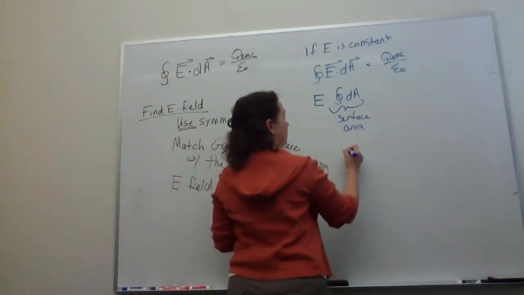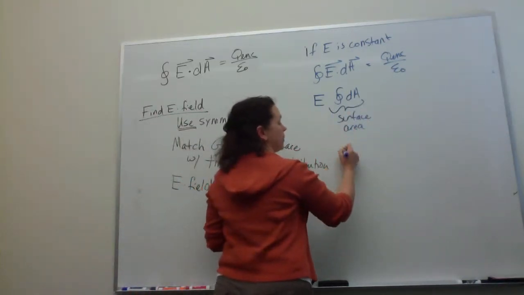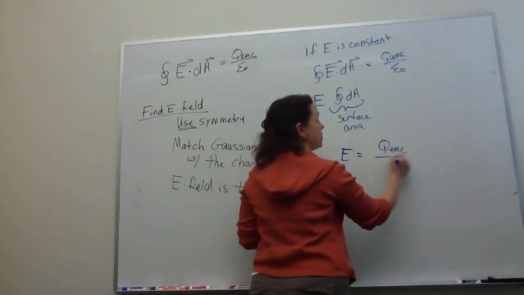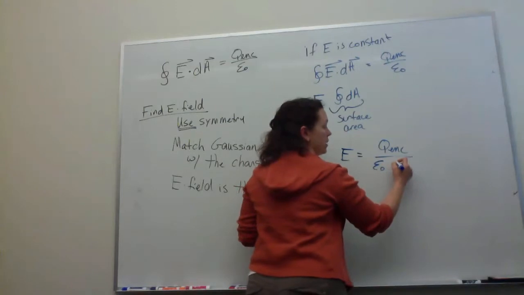Then you get the electric field times the surface area is equal to the net charge enclosed in that Gaussian surface over epsilon naught.